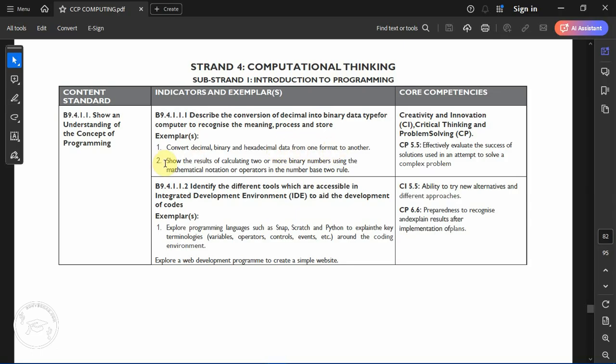We are also going to show the results of calculating two or more binary numbers using the mathematical notation or operators in the number base 2 rule. Without wasting much time, let's compute together.